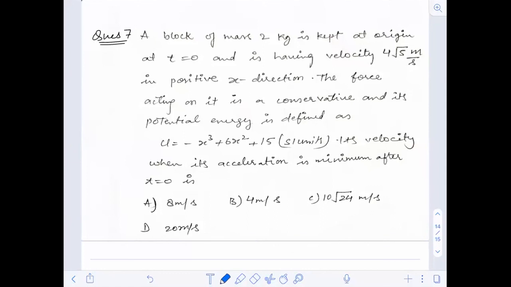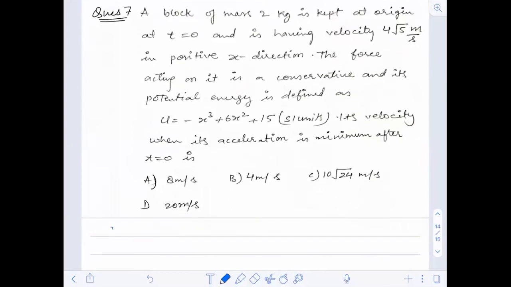In this, it is saying that there is a block of mass 2 kg, which is kept at the origin at t equals 0 and having a velocity 4 root 5 meters per second in the positive x-axis.